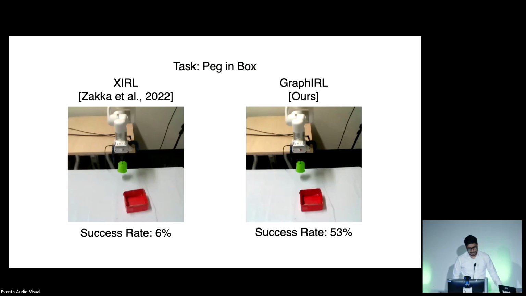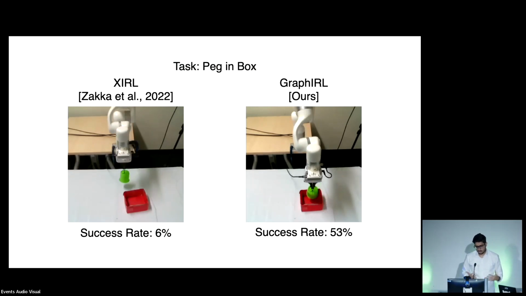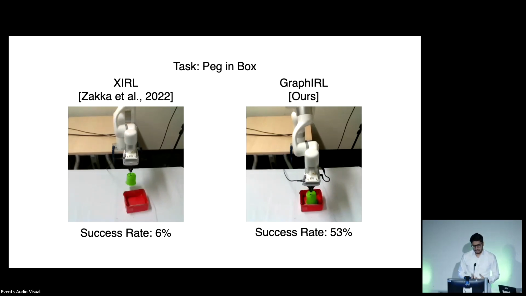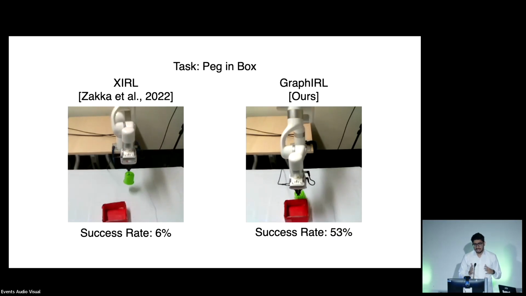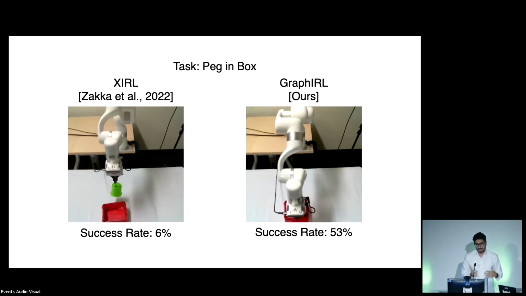We also evaluate on peg in box. On peg in box as well, we outperform CrossIRL by more than 40%. One key property of this work is that we do not use any external reward whatsoever. The reinforcement learning trained here is solely based on the reward that is learned from the videos.